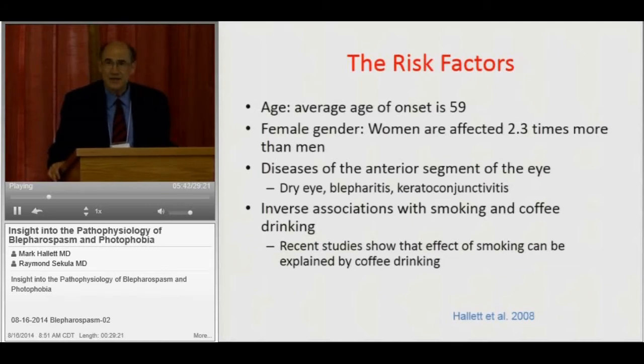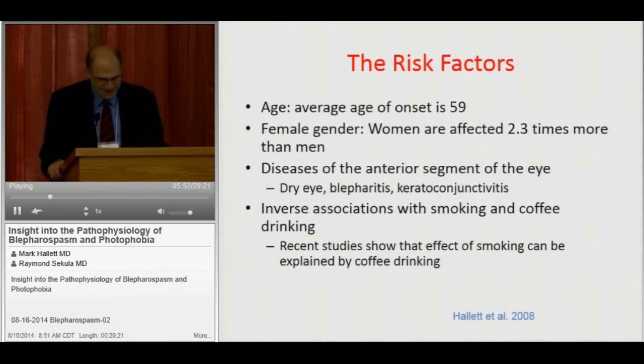Now, one of the things that people always ask, and I don't know the answer to this at all, is that once you get blepharospasm, if you drink more coffee, will that be helpful? And we don't know the answer to that question. I think that's something that is worth knowing, and I think someday we should do a study of that. Someone should do a study of that. But in any event, these are interesting factors that we need to learn about more.